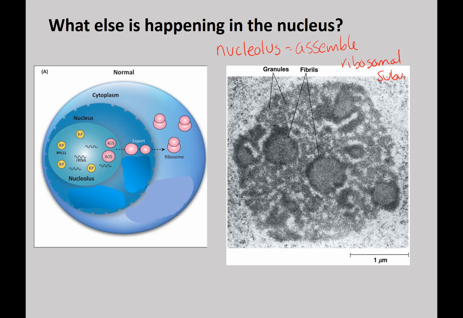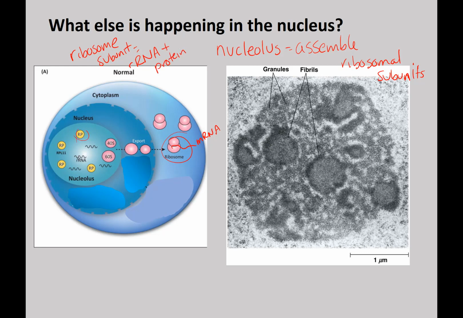And this is really important. Subunits. Okay. The ribosome does not get put together until it's in the cytoplasm and it finds mRNA. Okay. But a ribosome subunit is made up of ribosomal RNA plus protein.